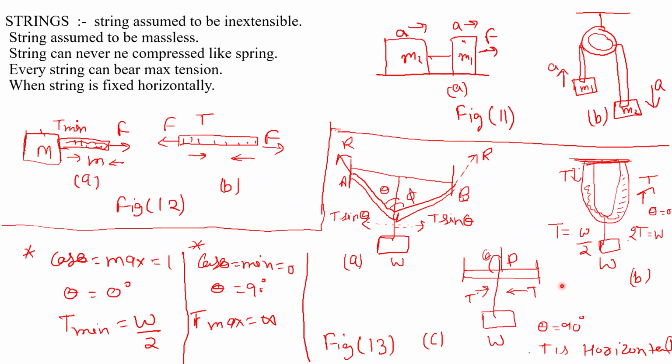This is shown in figure C. We conclude that a string can never remain horizontal when loaded at the middle. The tension required to completely straighten a rope horizontally is infinite.